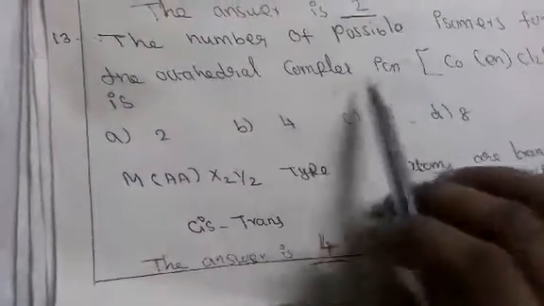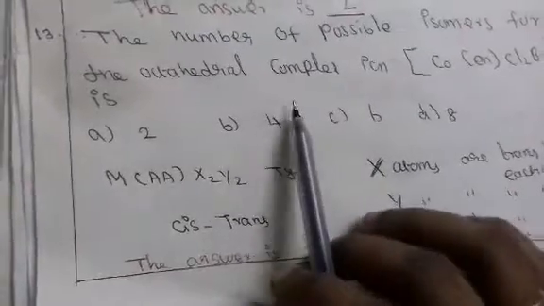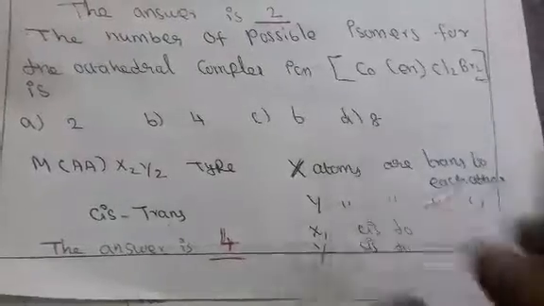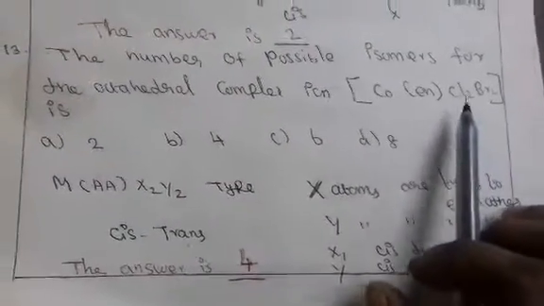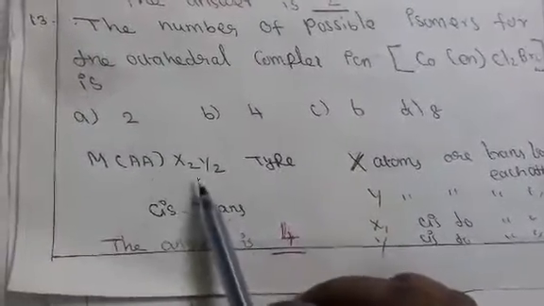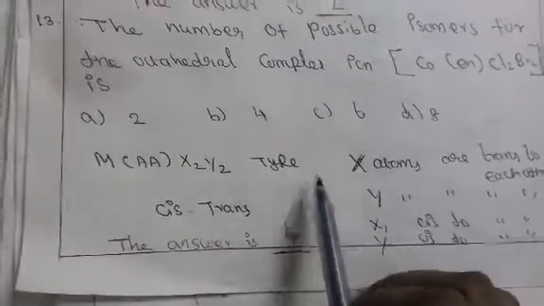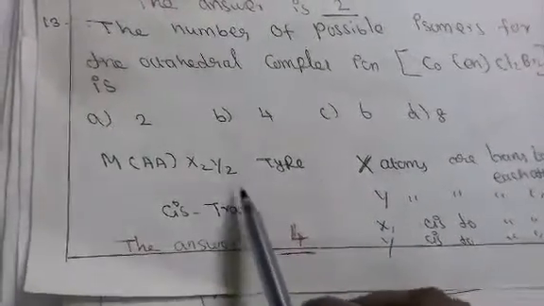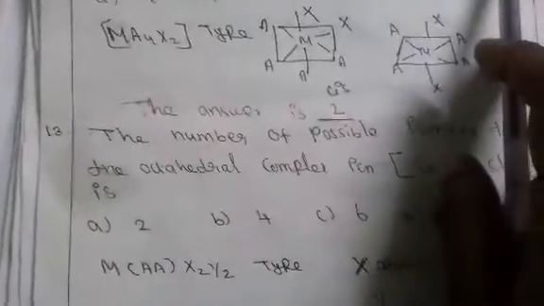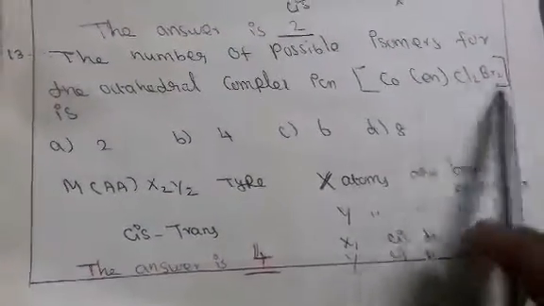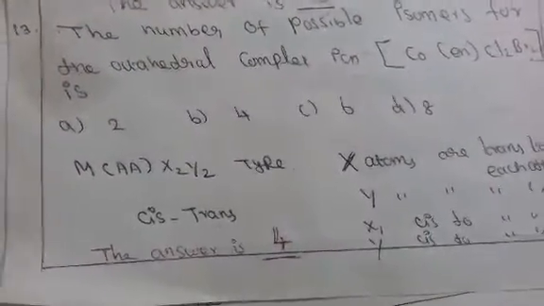Next, the third one is: the number of possible isomers for the octahedral complex ion [Co(en)2Cl2Br2]? en is a bidentate ligand. These are the type of complex M(AA)X2Y2. Here two different types of ligand are also there, X and Y. Both X and Y exhibit cis and trans isomerism.